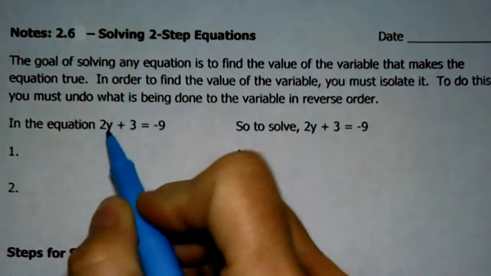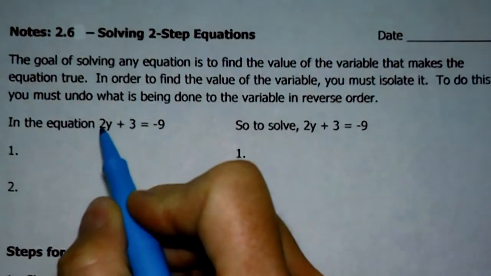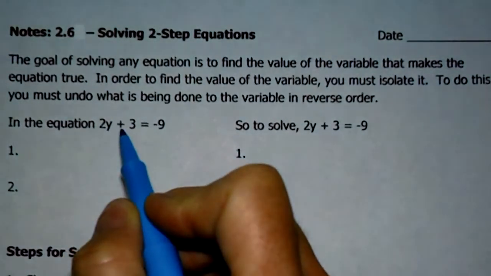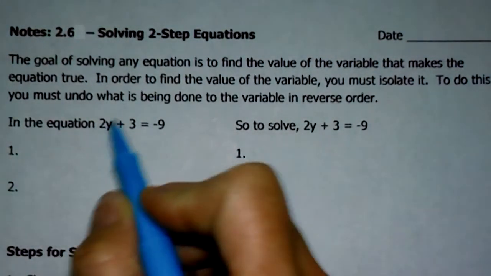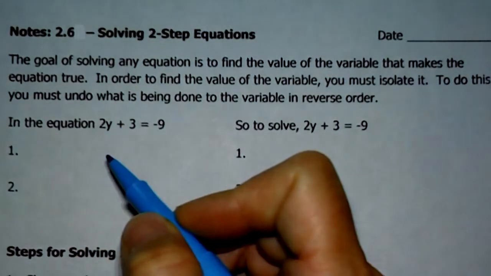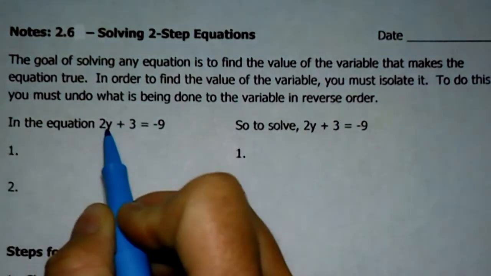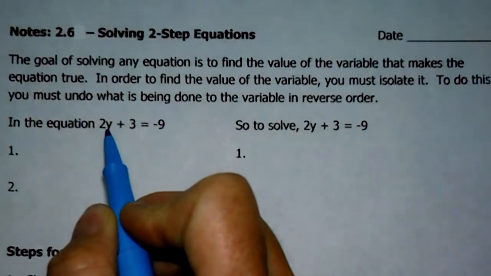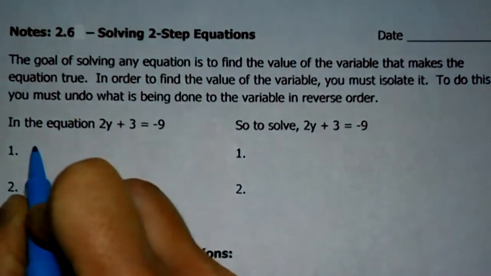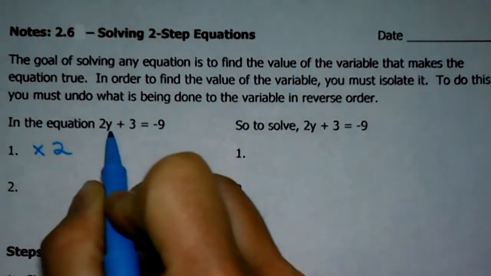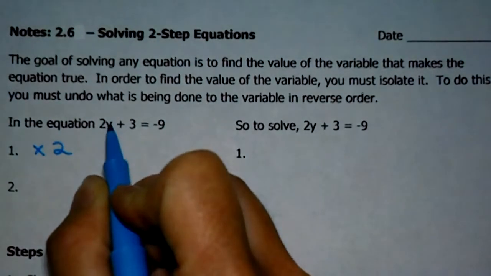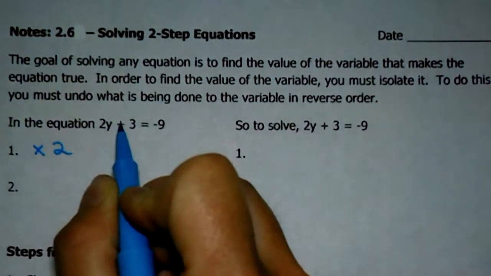So if we're looking at this, I see that the y is next to the 2. That means there's multiplication. And 3 is being added. So two things are happening. That's why it's called a two-step. The very first thing that we would do according to order of operations is multiplication, right? So y is being multiplied by 2. The second thing that's happening, after we've multiplied by 2, then we would add 3.